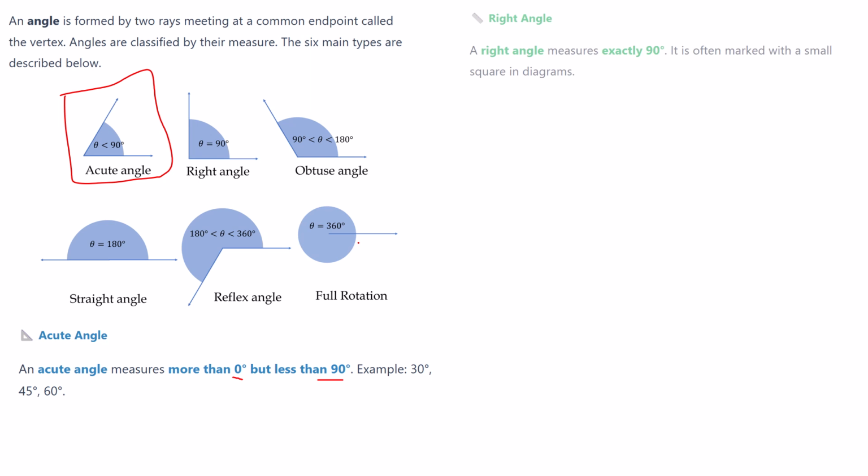Then we can also talk of the right angle. So the right angle is an angle that has a measure of exactly 90 degree. So if the measure for the angle is 90 degree, it is said to be a right angle. And usually for the right angles, if I have these two over here as my lines, for us to indicate the right angle, we do this.